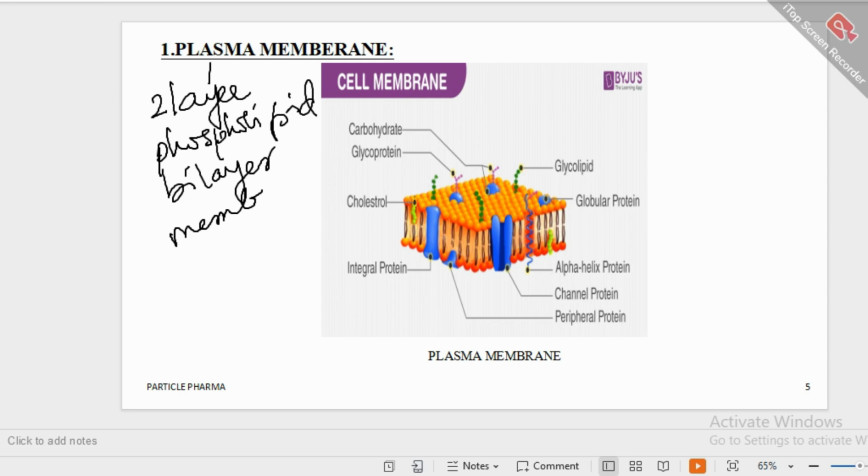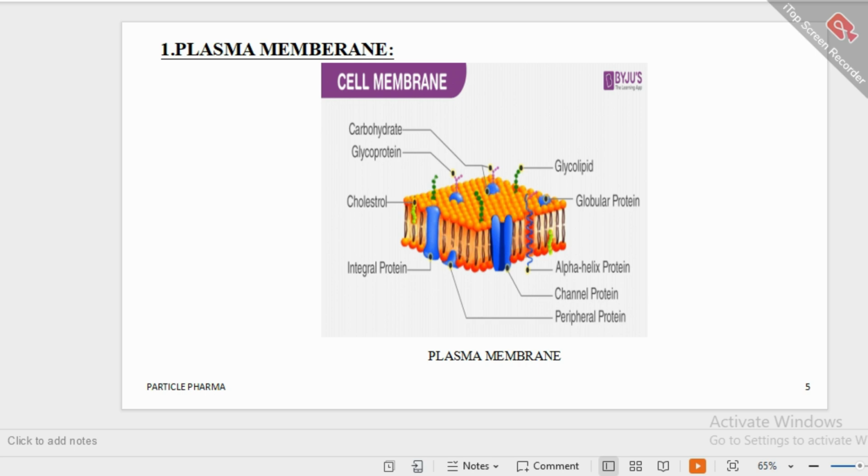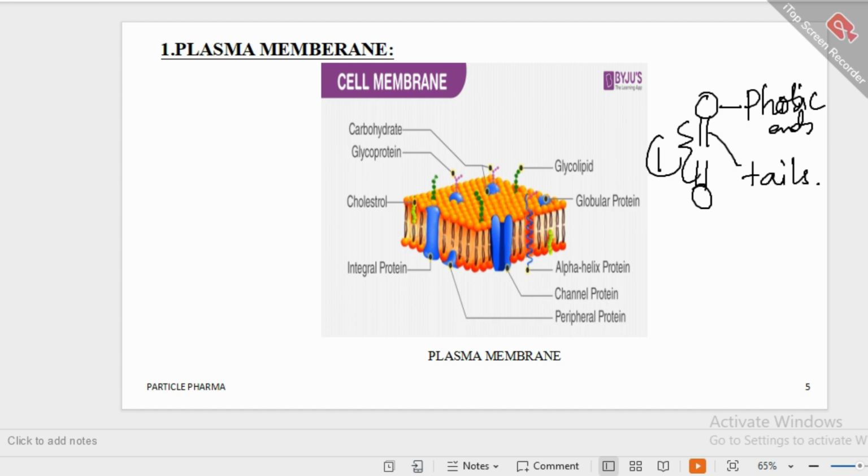In that, two layers of phospholipids are present, in which the lipid membrane is submerged. The lipid membrane is shown as hydrophilic heads and hydrophobic tails. The tails are present inside and the hydrophilic heads are present outside the cell membrane.